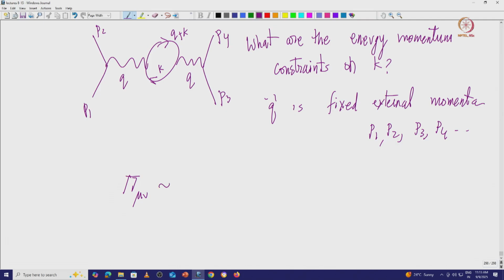The photon propagator has a correction coming from this loop, which is (k slash plus m_f) by (k square minus m square), times (q slash plus k slash plus m_f), where m_f is the fermion mass, by ((q plus k) whole square minus m_f square). This is the contribution of the bubble.